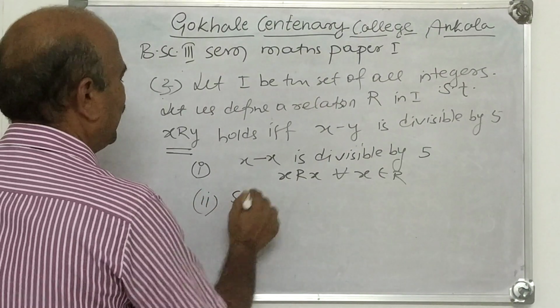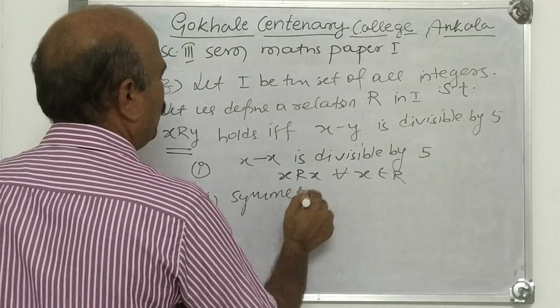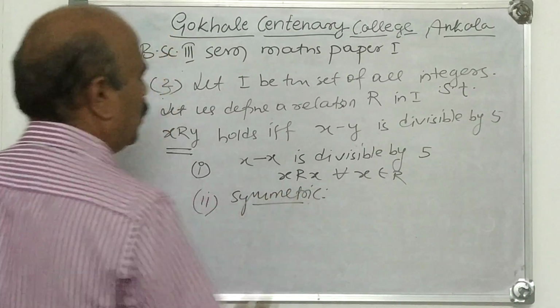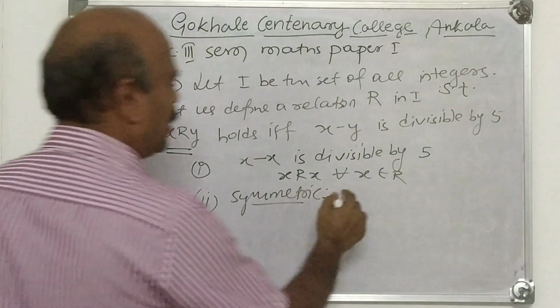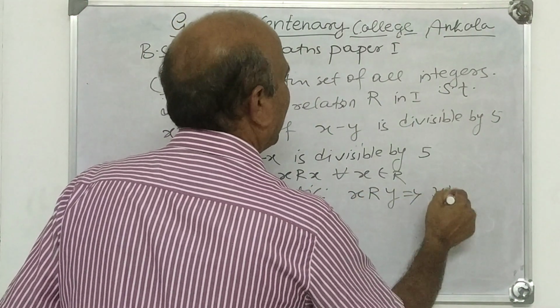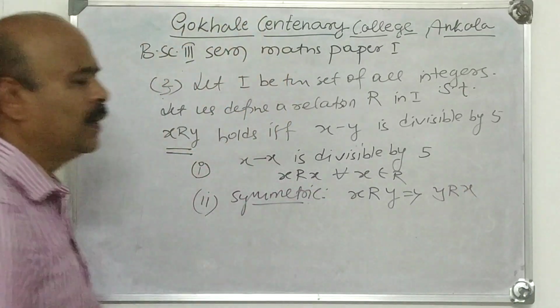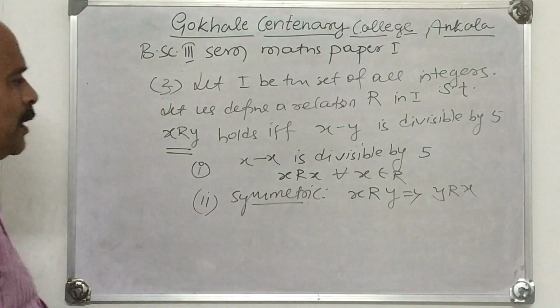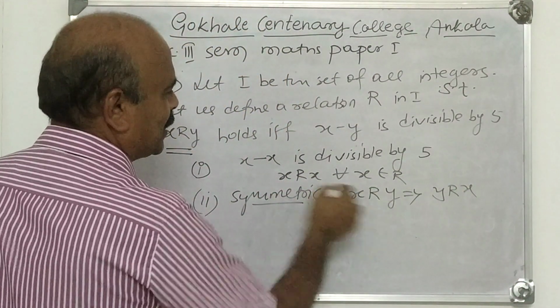Second, symmetric. When you say that a relation is symmetric, if x R y implies y R x, then the relation is symmetric. What do you mean when you say x R y here?